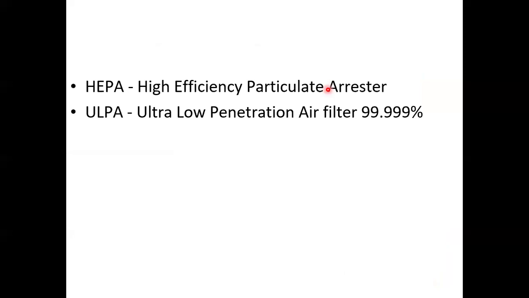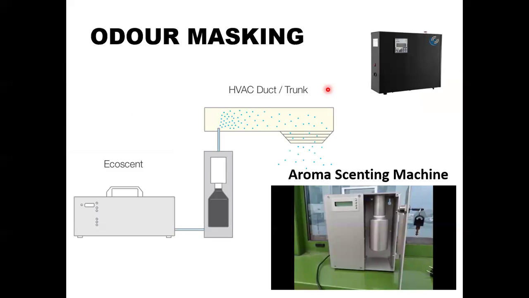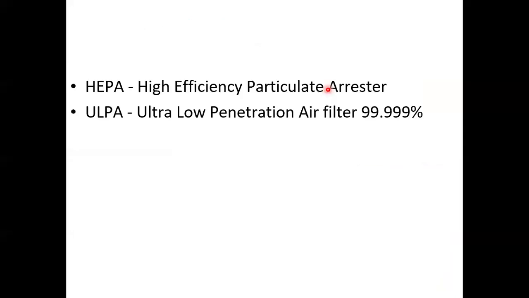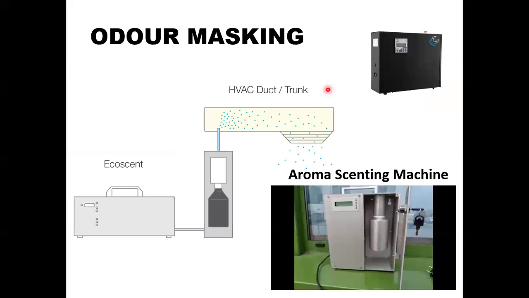All right, guys. Next is odor control. Typically, odor control is an optional thing. That means either you can provide it or you don't have to do it mandatorily in each and every project. Odor masking is done by a machine, an equipment named an aroma scenting machine.